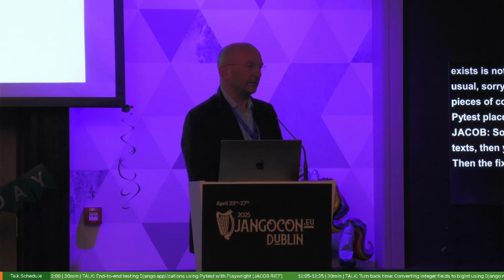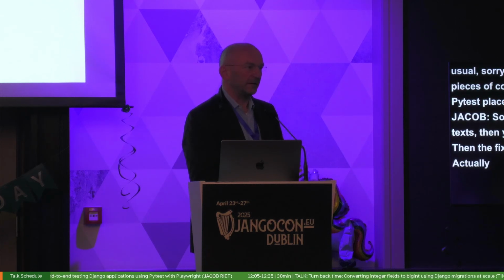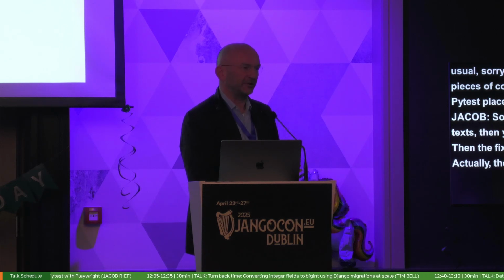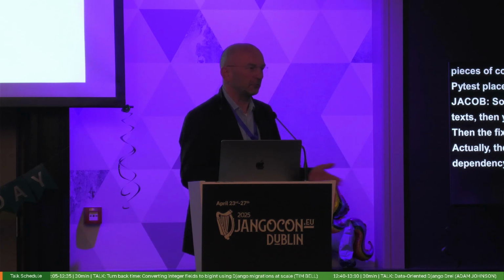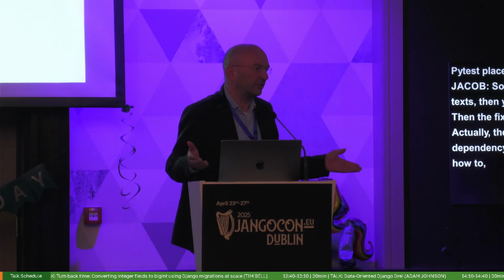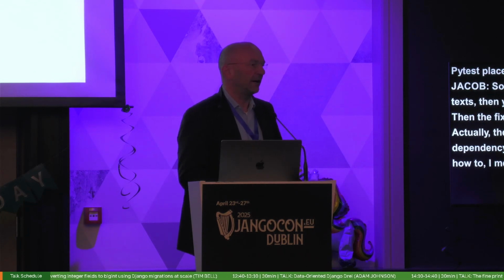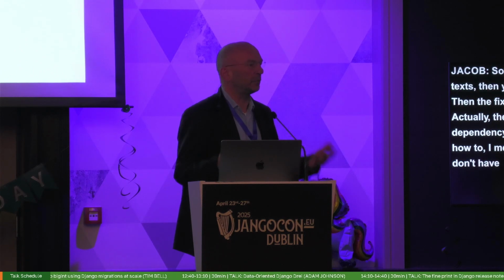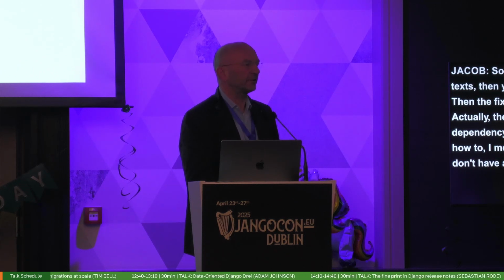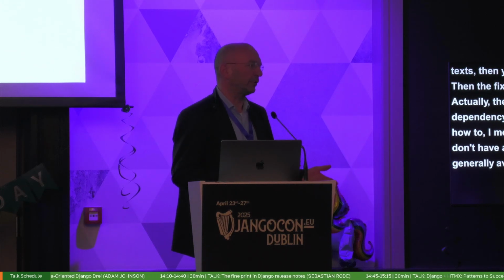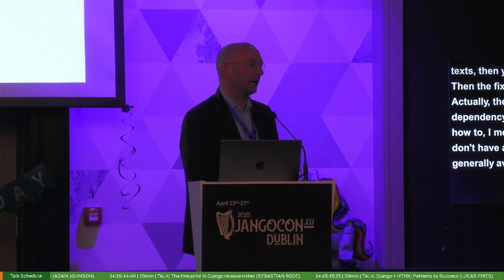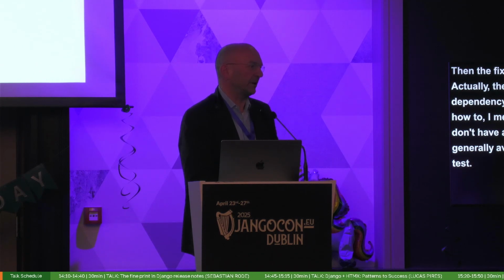And actually, they always use dependency injection, and I don't really know how to. I mean, I just look at the documentation. I don't have any way to see which fixtures are generally available. You have to go through the conftest.py and your own module, and then read the documentation. That's my advice.